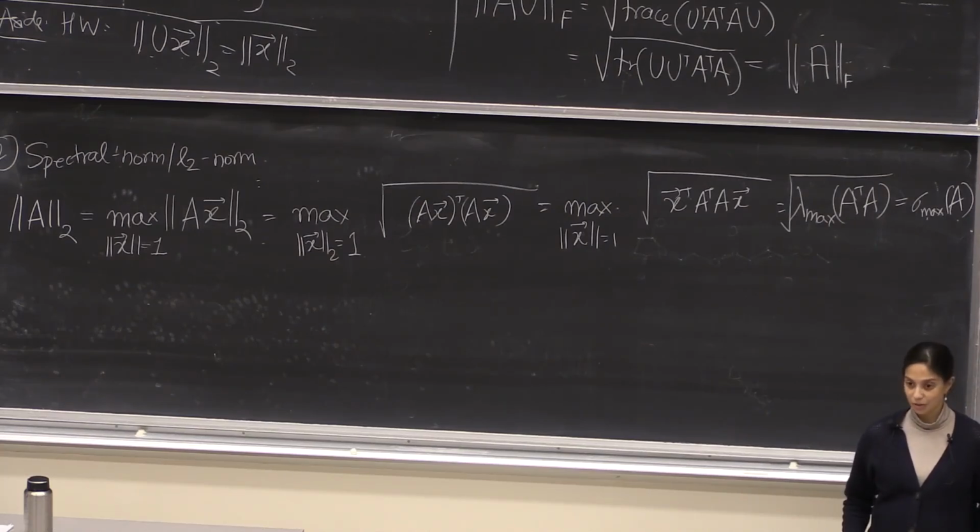So basically, the determinant is capturing, in a sense, the scaling as well. It's just not the max scaling. It's now the product of the eigenvalues. So there are different notions in which you can characterize the scaling. This is the max scaling.